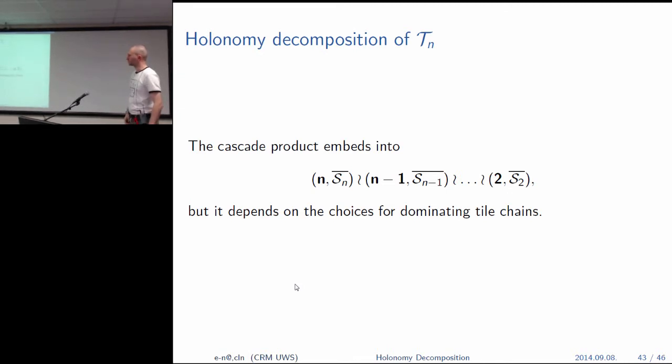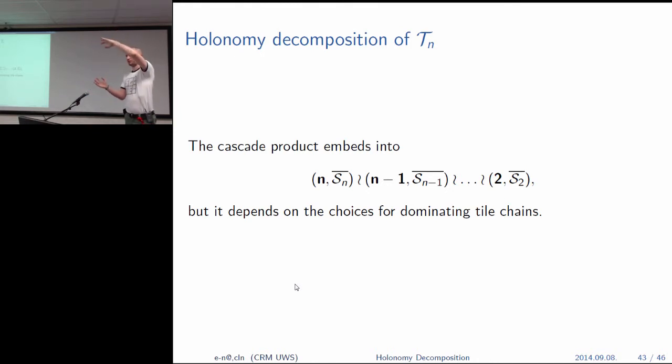But here comes the difficulty that I mentioned before. When I choose the tile chains to represent the original state, I have freedom to choose different ones. And when I do the action, I act on the tile chain. While it collapses, I find the dominating tile chain containing that.